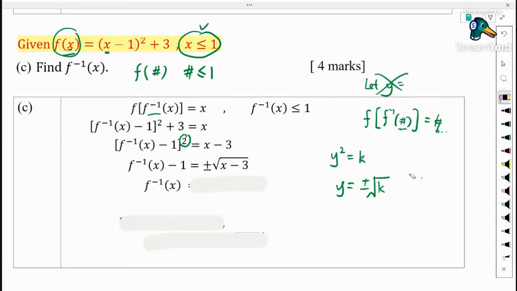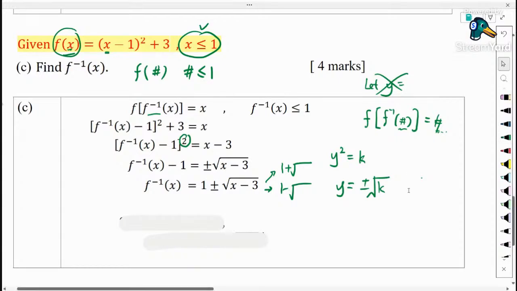Then from there, we find that f inverse equals 1 plus minus square root of x minus 3. However, this is not yet the final answer, because take note, your inverse only has one function. Now in this case, you have the case of 1 plus square root and 1 minus square root. And which one is supposed to be our result? So watch out to make the decision here, guys and girls.